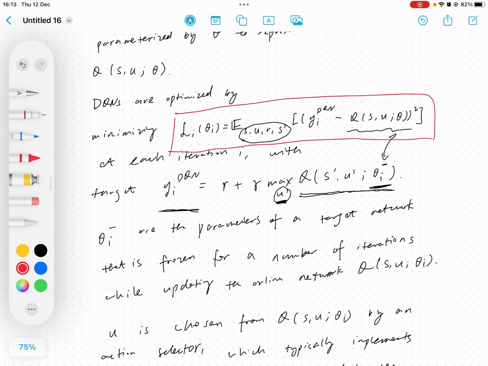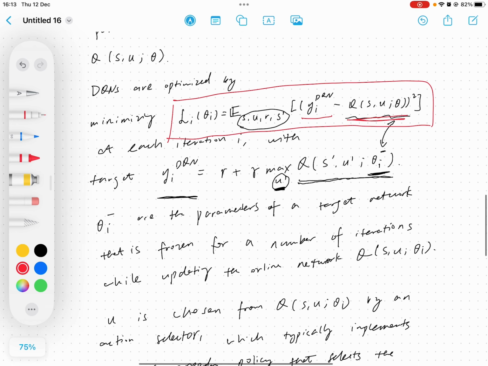As we just mentioned in the video, this y_i^DQN is the target value, the analog to the label or the ground truth in deep learning, and this other value would be the output that we calculate using the current Q network.